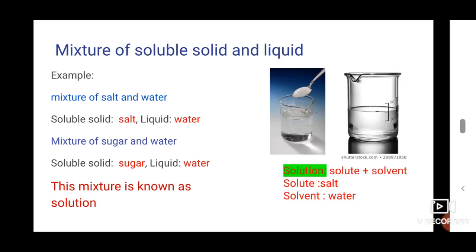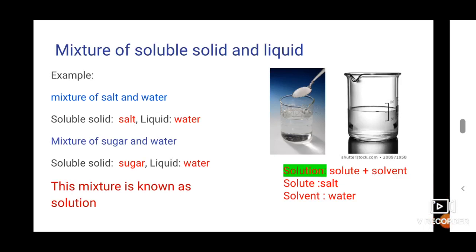And which is present in large quantity? Water. So in a salt and water mixture, the solute is salt and the solvent is water. Now you tell, what are the solute and solvent of a sugar and water mixture? In a sugar and water mixture, the solute is sugar and the solvent is water. Very good, children. These kinds of mixtures are separated by the evaporation process.